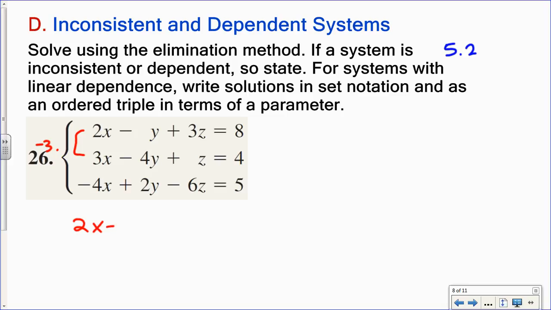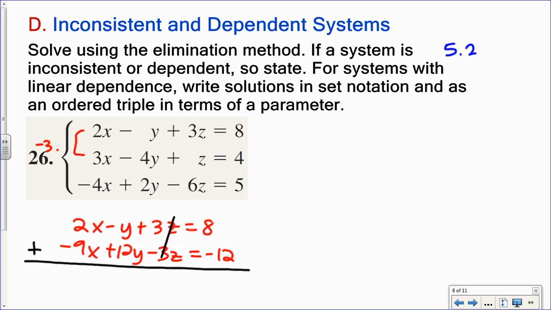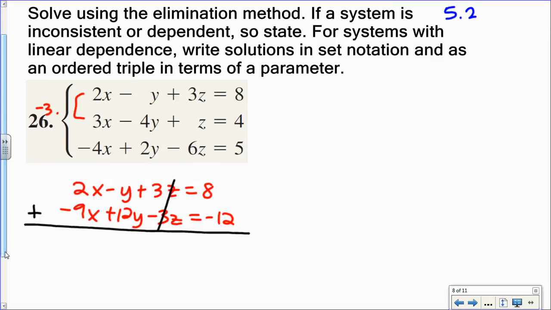So 2x minus y plus 3z equals 8, and then multiplying by -3, -9x plus 12y minus 3z equals -12. Add down, so your z's eliminate. That's -7x plus 11y equals -4.